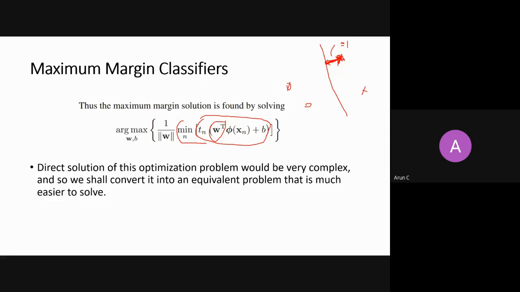The moment I do it, I can erase this term, because the minimum over all the points equals 1. Is this making sense to you now? Can I do that? Yes or no?